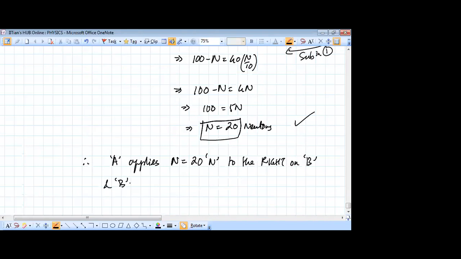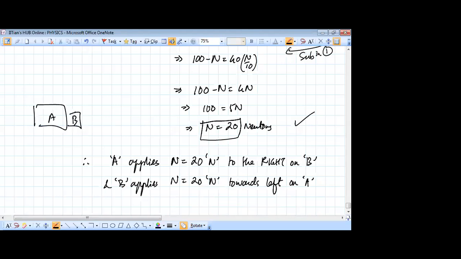And B applies N equal to 20 newtons towards left on A. So while they are moving, A is applying on B a force like this. B is applying back on A. You are applying a force of 100 newtons. As a result of this, A and B are both having the common acceleration.